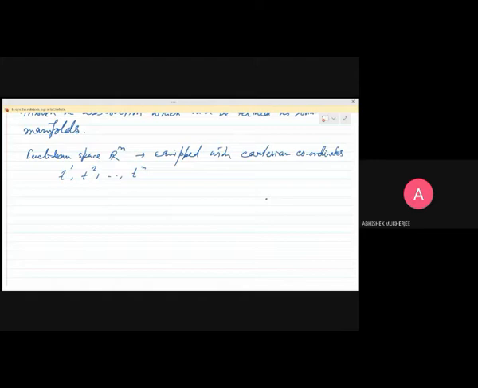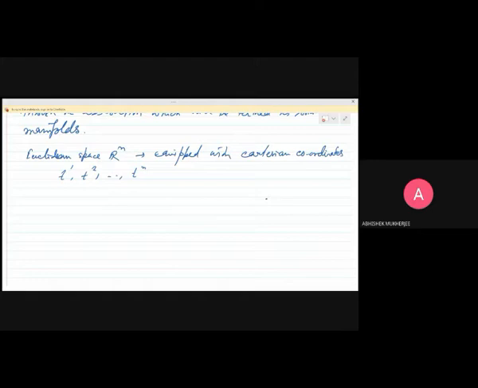And one may come across some higher dimensional examples of graphs of smooth maps. Suppose you have a smooth function, then its graph will represent a higher dimensional manifold. Okay. Smooth maps between two Euclidean spaces.